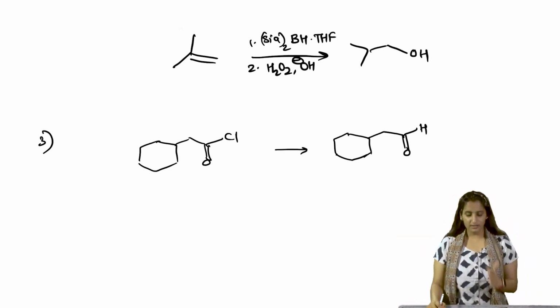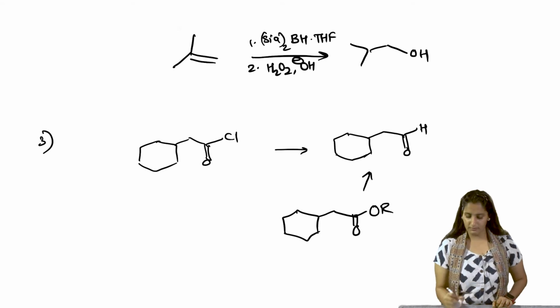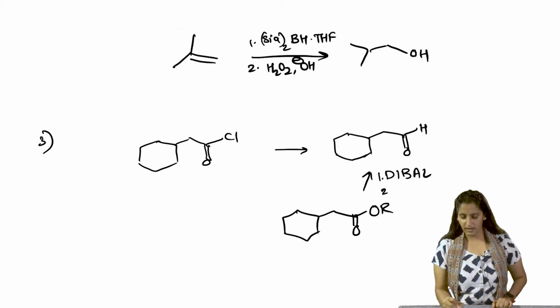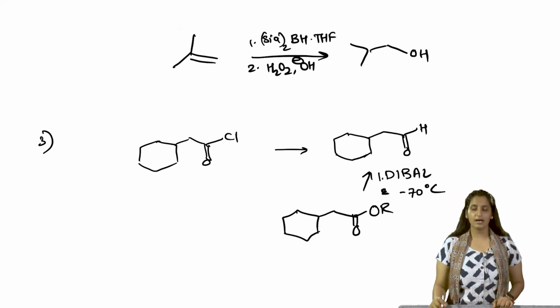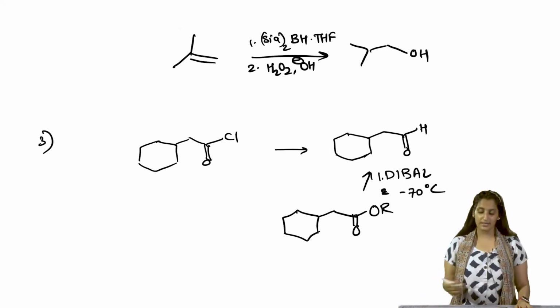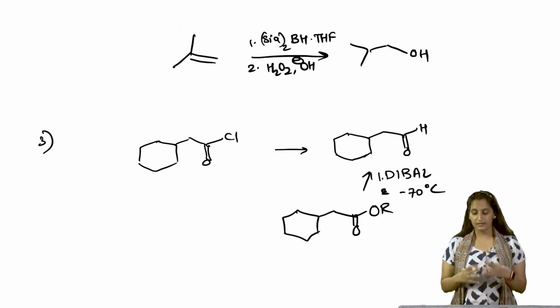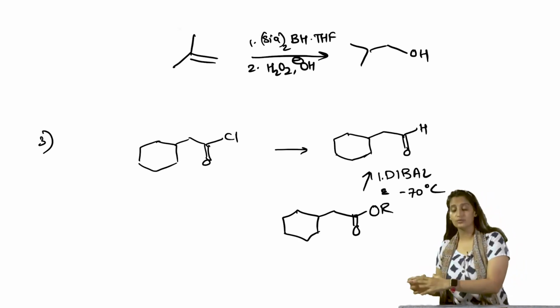So, instead of that, what we can do is start from an ester, any ester for that matter, and we can use DIBAL as a reagent, and the main condition is that it has to be done at a really low temperature, negative 78 degrees centigrade, to make sure that the aldehyde does not get converted to the alcohol.